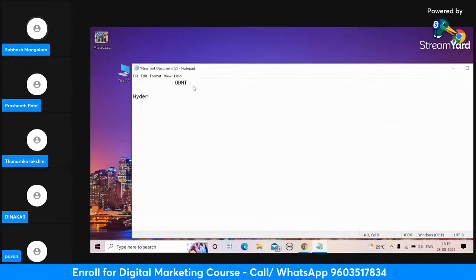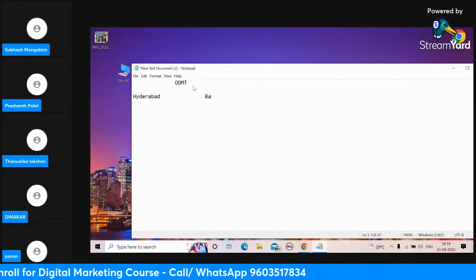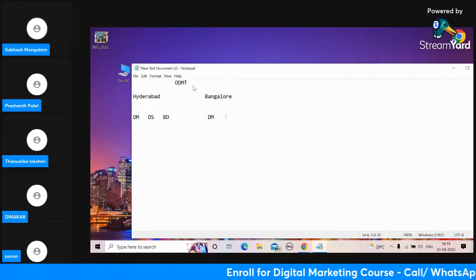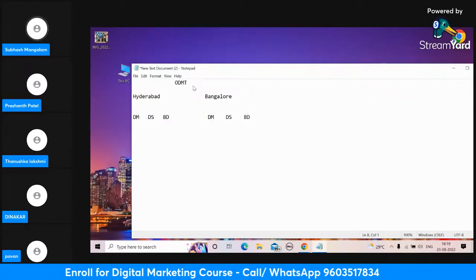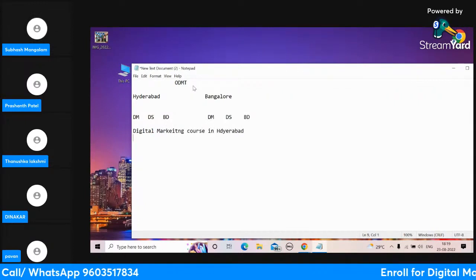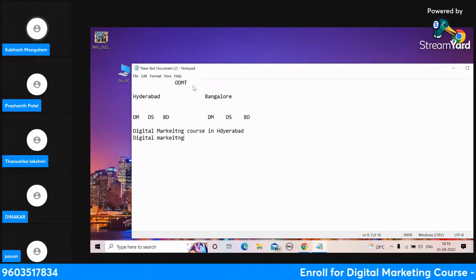I want to do campaigns for Hyderabad and Bangalore. In Hyderabad, I want to teach digital marketing, data science, big data. Even in Bangalore, also the same: data science and big data. And for digital marketing, I want keywords like digital marketing course in Hyderabad, digital marketing training in Hyderabad.